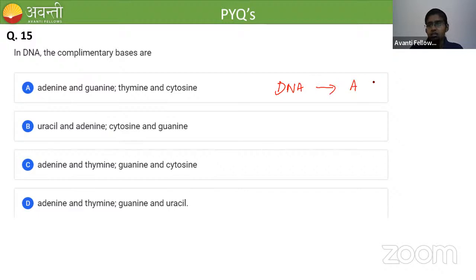Adenine and thymine, AT and GC, right? In case of RNA, it is AU and GC, with uracil in place of thymine. Got it? So who are the complementary bases here? Adenine and thymine, guanine and cytosine. So you can see this answer in option C. So option C is the correct answer for this question.